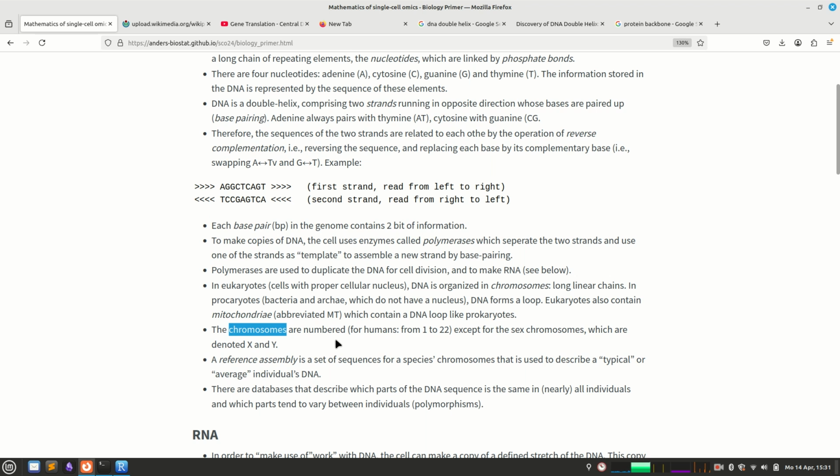Of course, this text file corresponds to one single specific individual, the one who was used to make this. In practice, it's more an average mixture, a consensus through different ones, and then you get other databases where you can look up each base in the 3 billion bases that the human genome has.